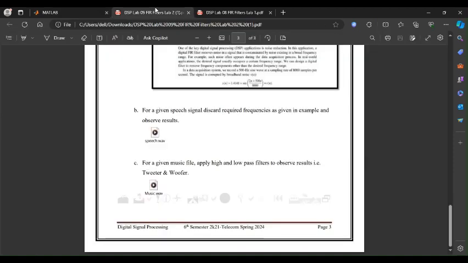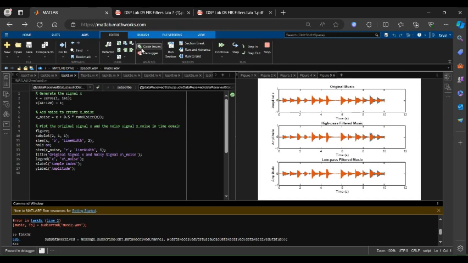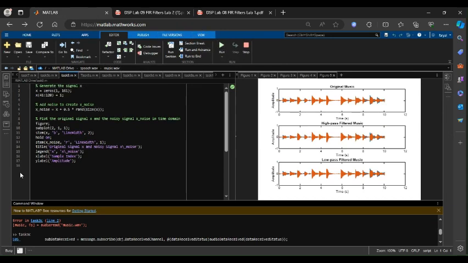that is, for a given music file, apply high and low pass filters to observe results, that is, tweeter and woofer. So this MATLAB code applies a high pass and a low pass Butterworth filter to an audio signal.